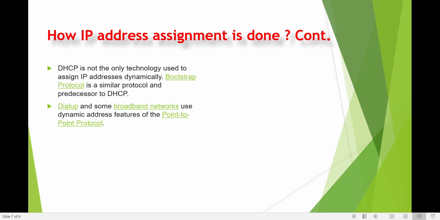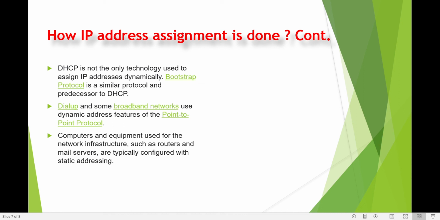DHCP is not the only technology used to assign IP addresses dynamically. Bootstrap protocol is a similar protocol and it is a predecessor of DHCP. There are some other mechanisms like dial-up, and some of the broadband networks also use the point-to-point protocol for dynamic address features.